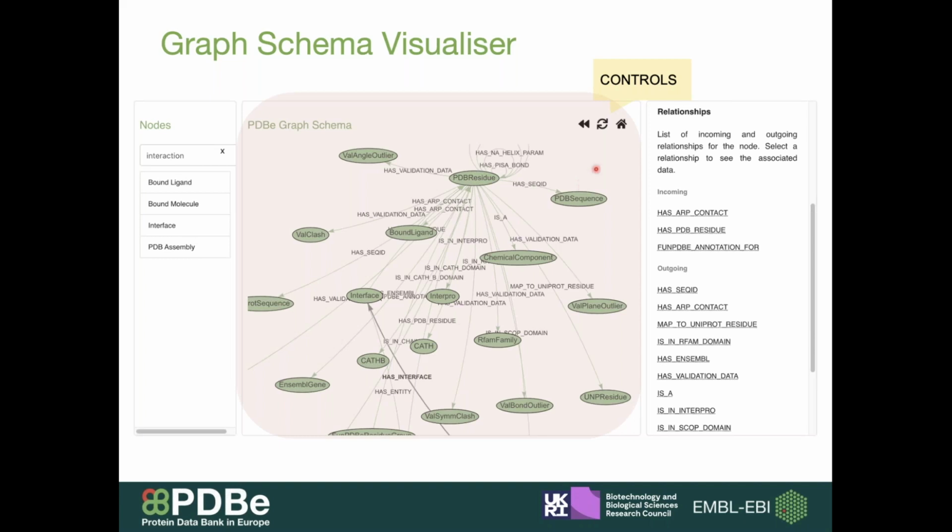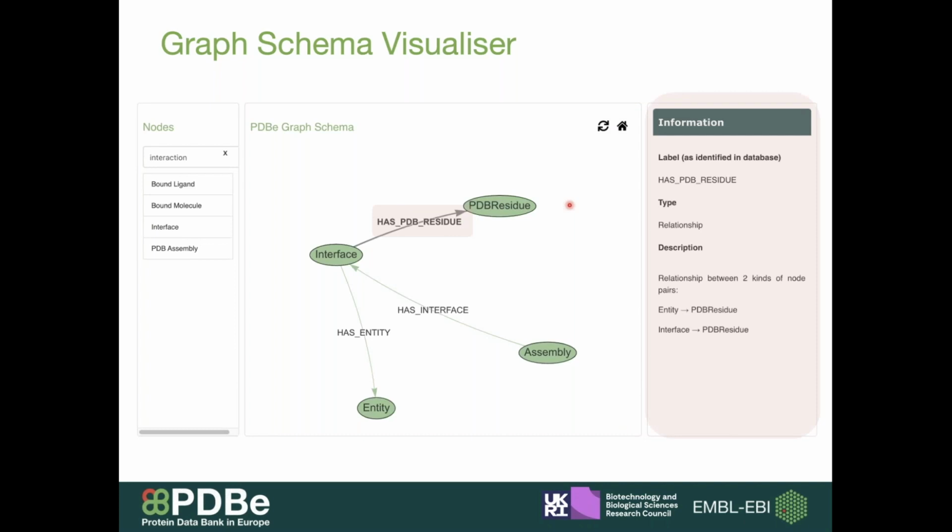So you can always use the refresh view, or you can select a node and drag it as per your convenience to make the visualization clearer for you. And also, similar to nodes, you can view the information of a relationship by simply clicking on it. So here, if you click on the has PDBe residue relationship, then you will be able to see the details on the right side in the information box.